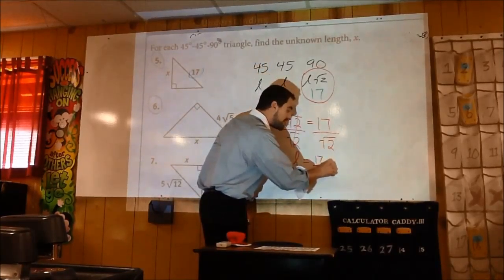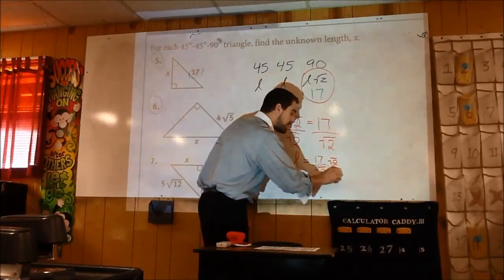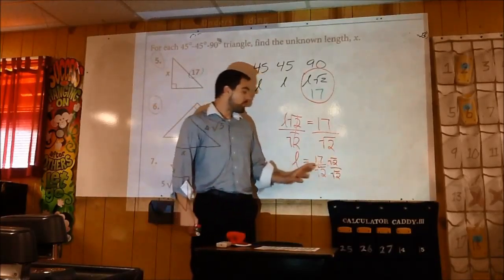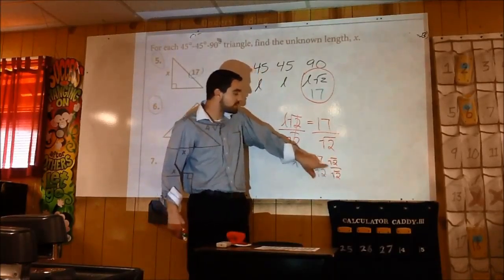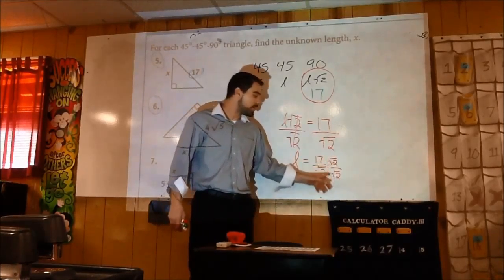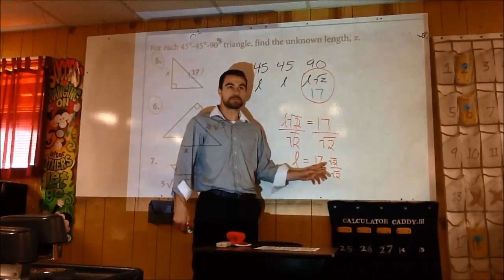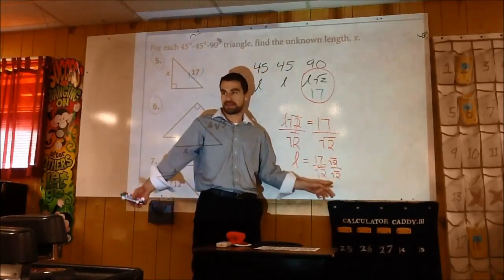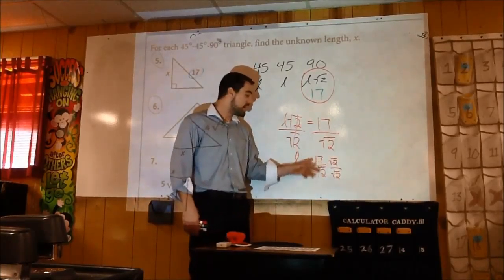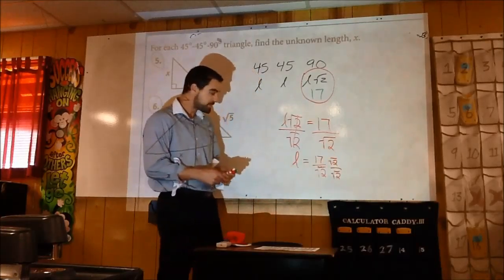We need to multiply top and bottom by whatever radical is in the bottom, in this case the square root of 2. Really what we're multiplying the fraction by is just a big ugly 1, because the square root of 2 divided by itself reduces down to 1. So we're not changing the value of this fraction.